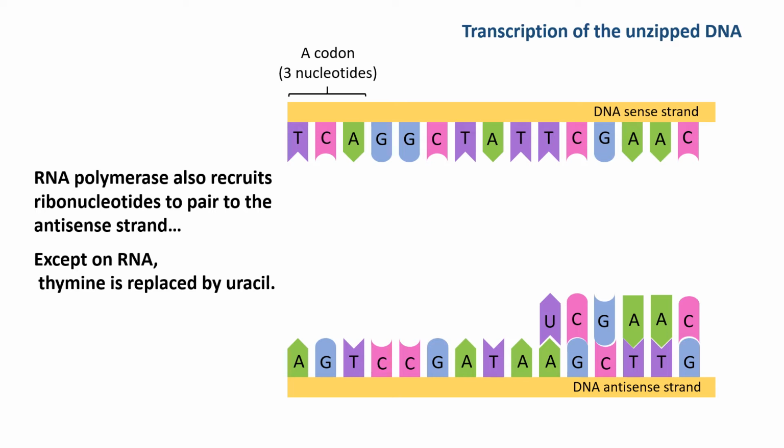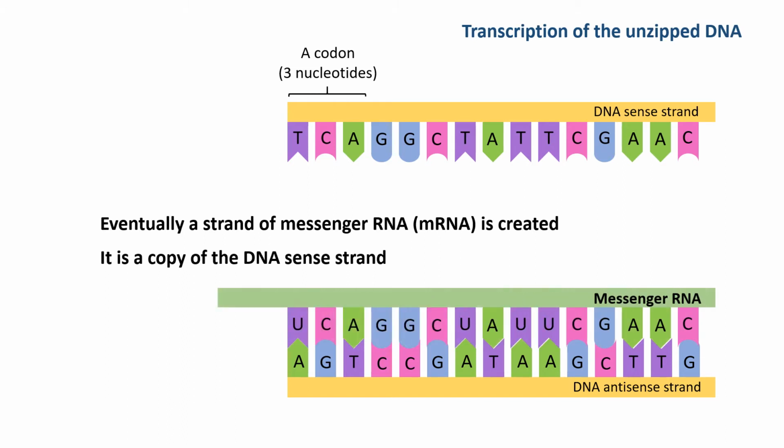So that carries on along the whole exposed strand. Eventually, we get a whole strand of messenger RNA. And again, as you can see, it's a copy of the DNA sense strand because it was paired to the antisense strand.